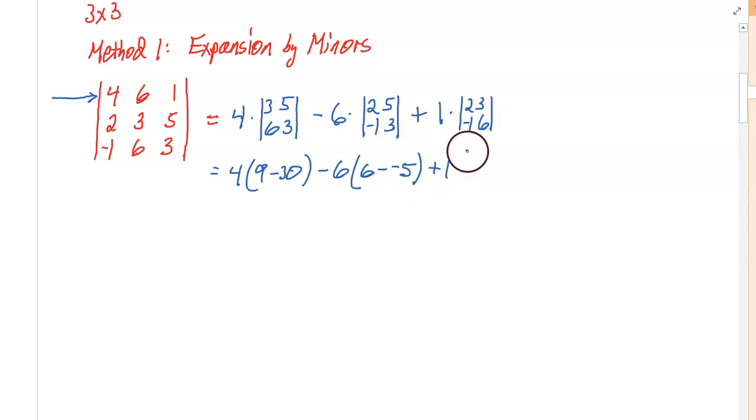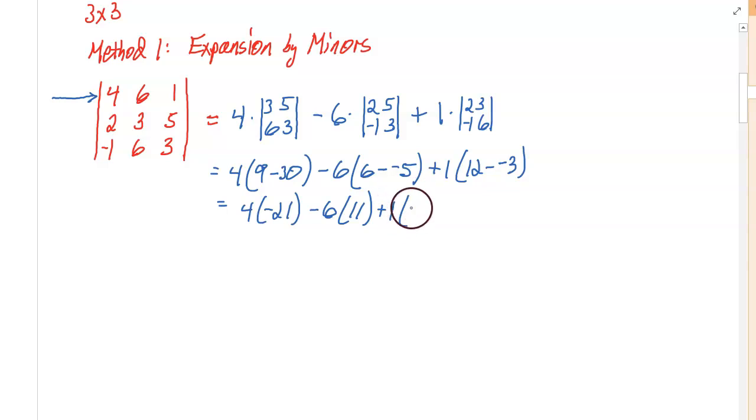Now plus 1 times 2 times 6 is 12, minus 3 times -1 is -3. Simplifying, this is 4 times -21, then minus 6 times 11, then plus 1 times 15. Type this in the calculator to get the answer.